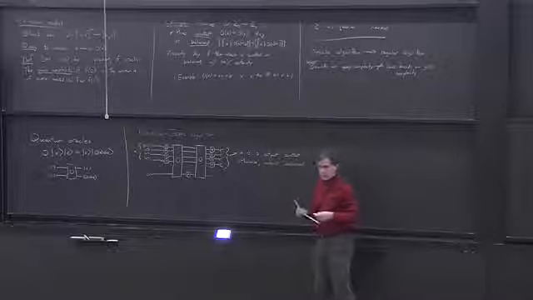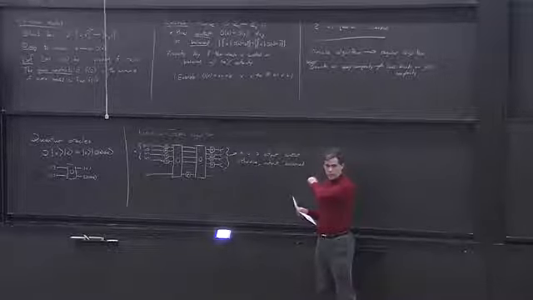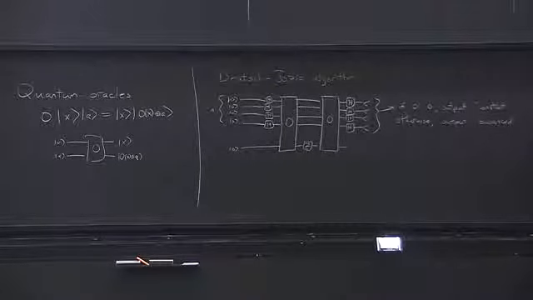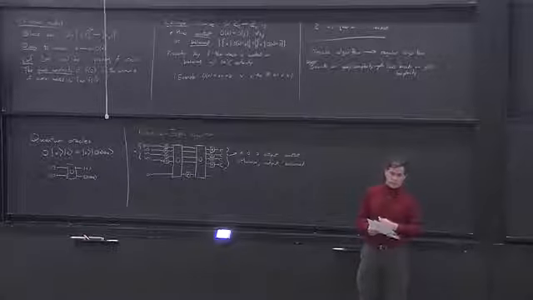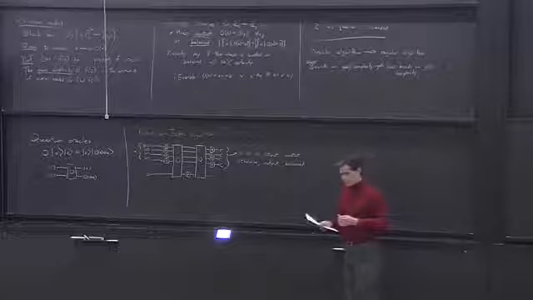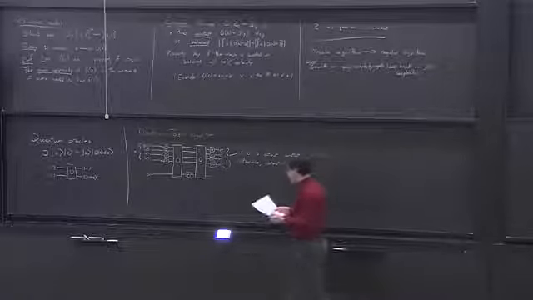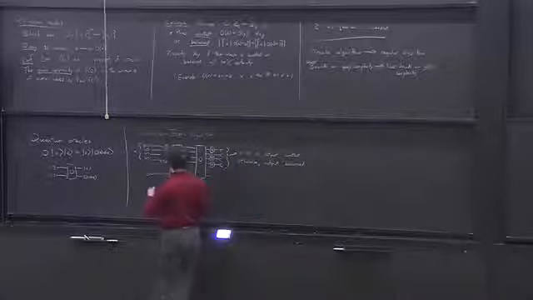I will explain why the circuit works in a moment, but do you understand the structure of the circuit? Yes, this is a promise problem, so we know that one of those two things is true.